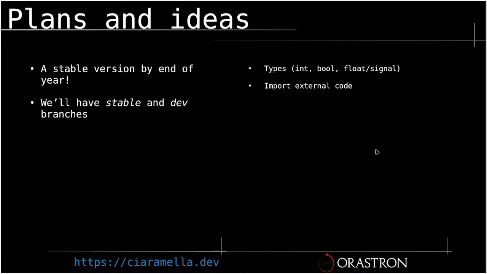Another thing we would like to add is to import external code. So, for example, if you want to code a part of the algorithm in Ciaramella, and another one is already written by you in C, for example, we would like to allow you to import the C part in Ciaramella and get a result.